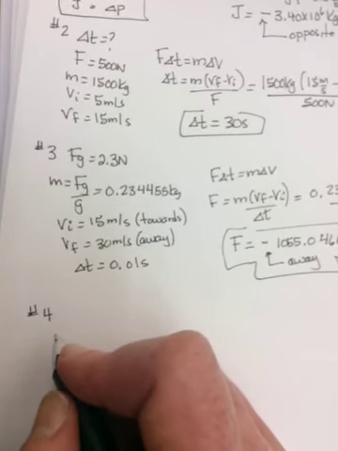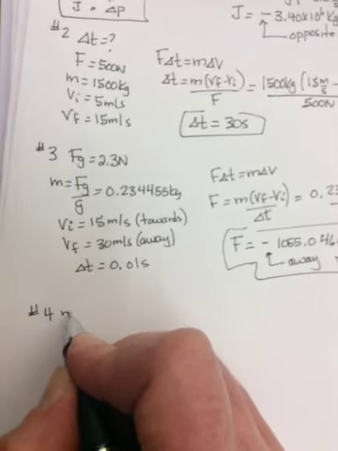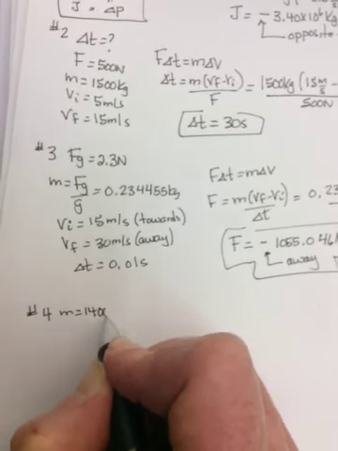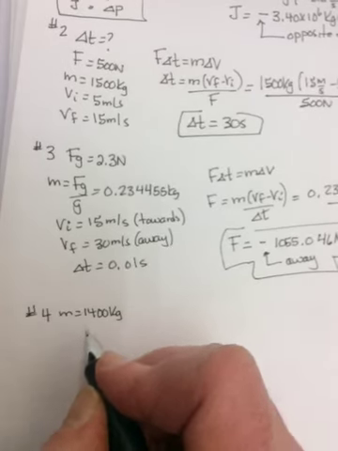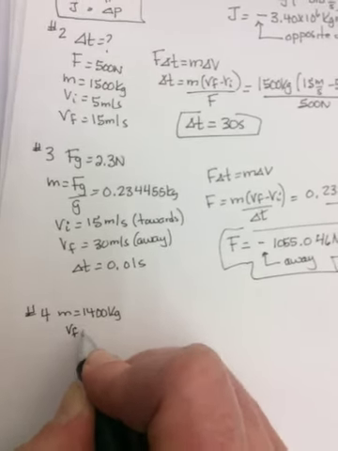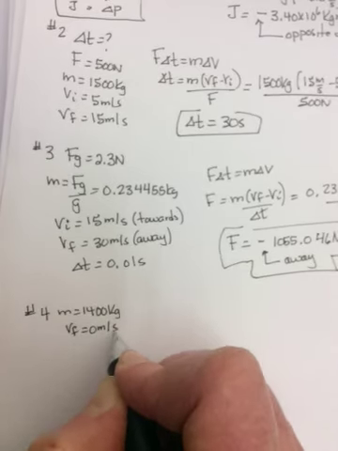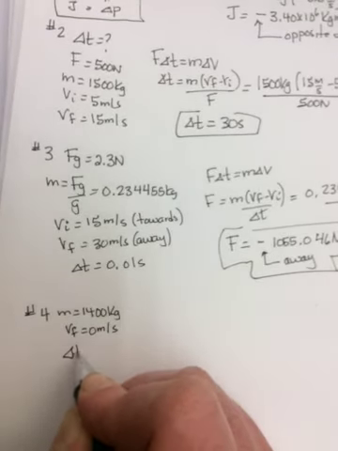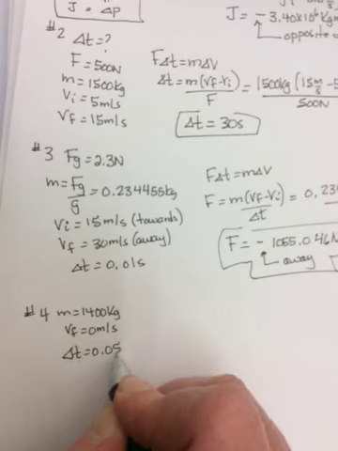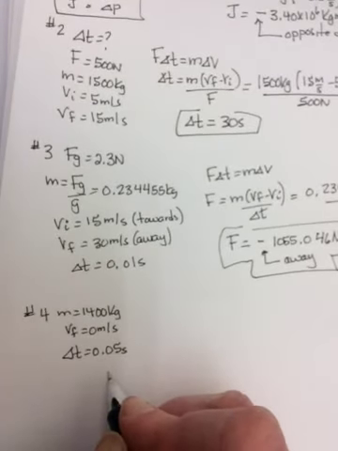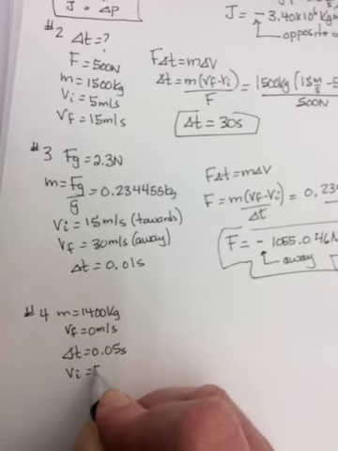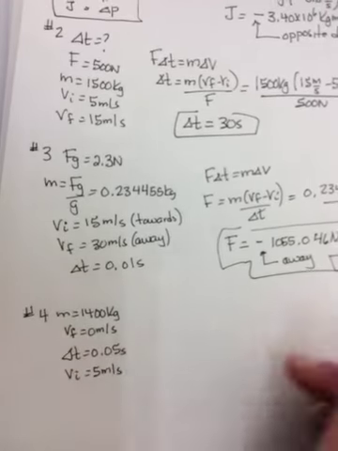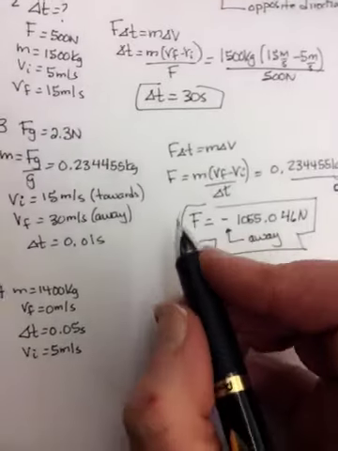A car of mass 1,400 kilograms, so M is 1,400 kilograms, crashes into a solid wall and stops, so VF is going to be 0, in 0.05 of a second, delta T. If the car was traveling 5 meters per second when it hit the wall, VI is 5 meters per second, what force did the wall exert on the car?